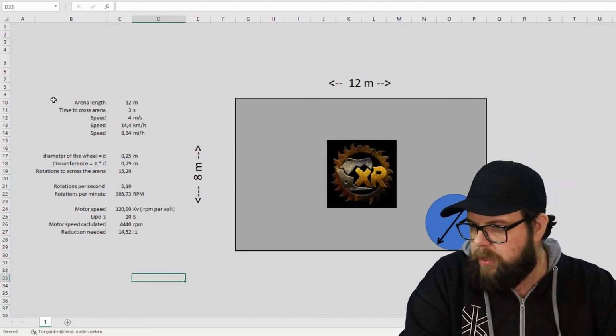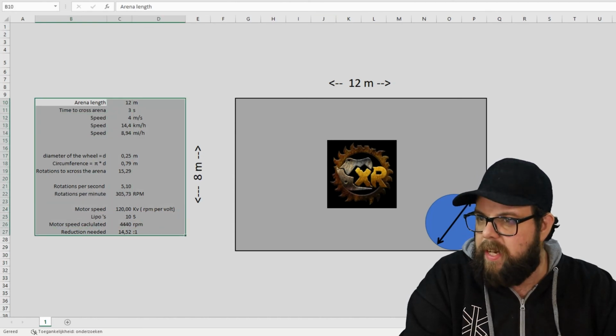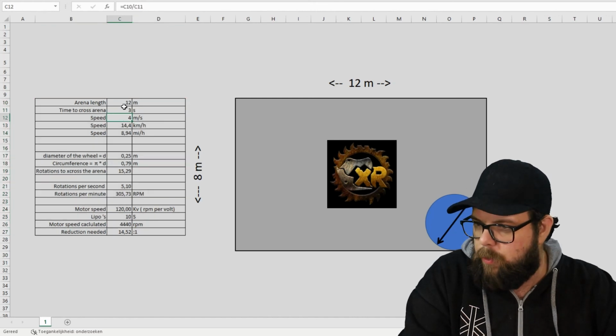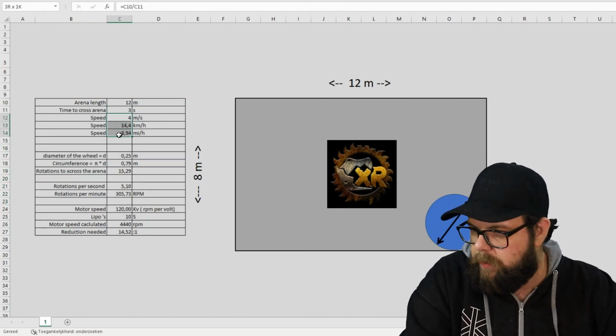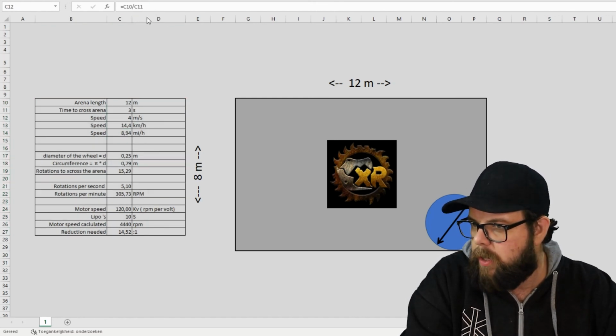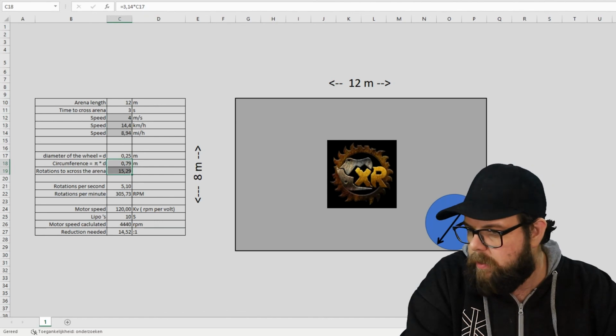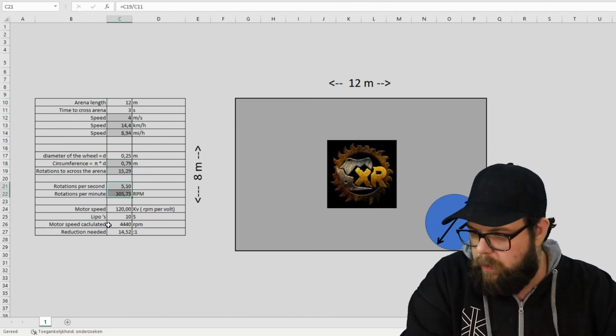So let's make this a nice and pretty Excel. Okay. I want to gray out the values we don't change, so these are going to be a little bit darker. And this is the input value. These are both calculated values. This is a calculated value, and this is a calculated value.